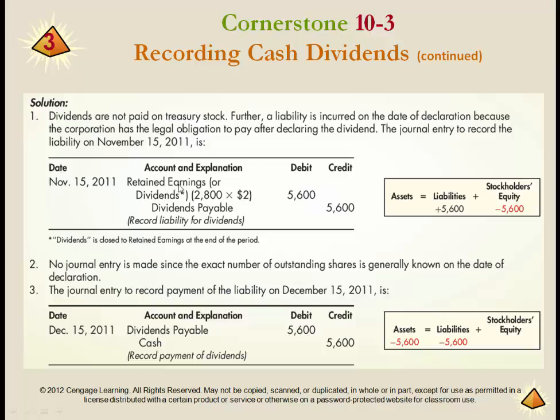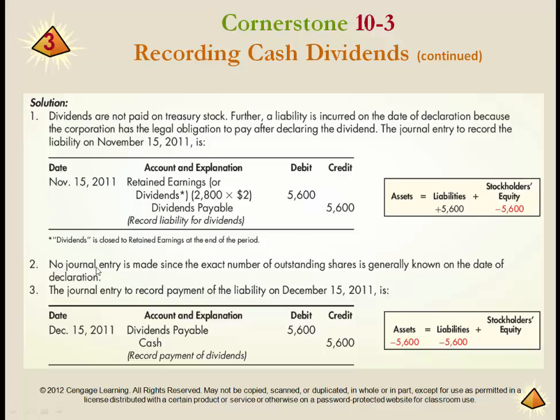Remember, retained earnings is where you retain profit. So they debit retained earnings 5,600, and they credit dividends payable for 5,600. On the date of record, there is nothing that they have to do for number two.